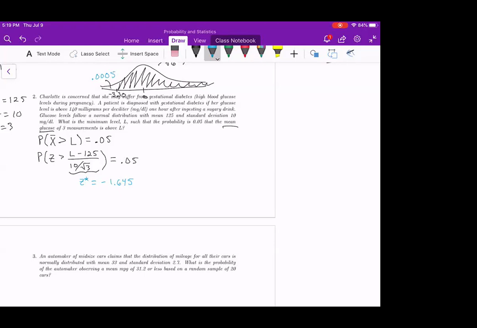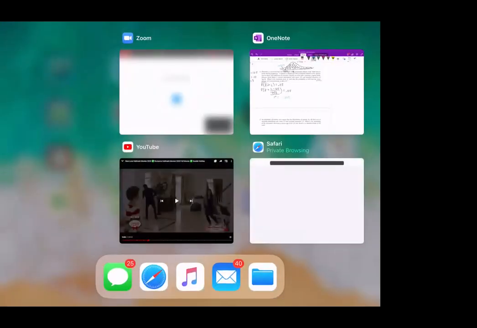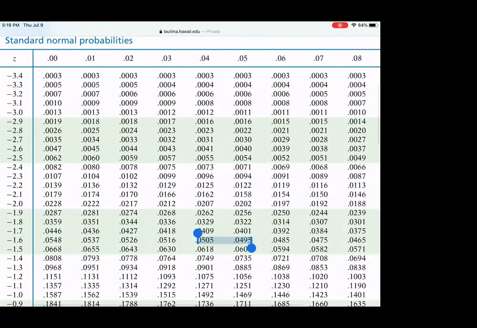Why is 0.05 between the two numbers? I'm not sure I really understand that question. 0.05 is greater than 0.0495, and it's less than 0.0505. Do you agree with that?